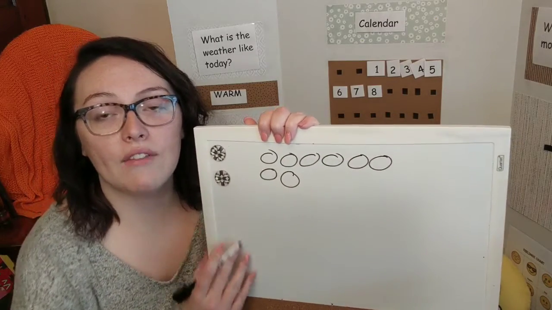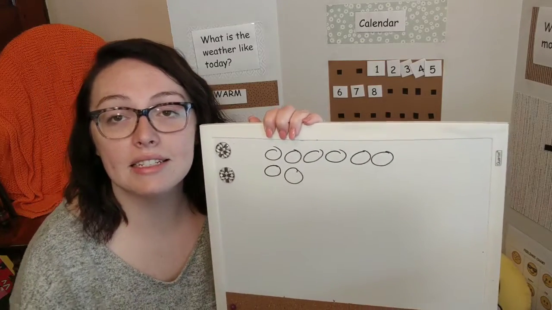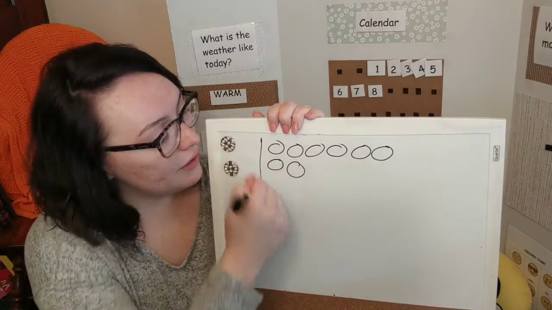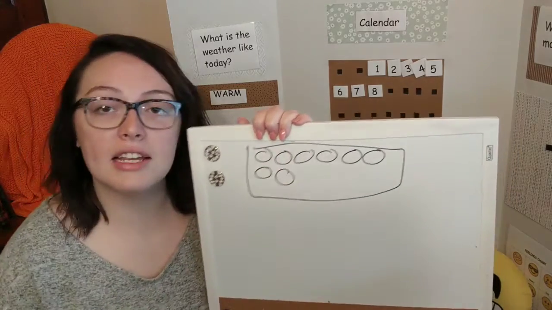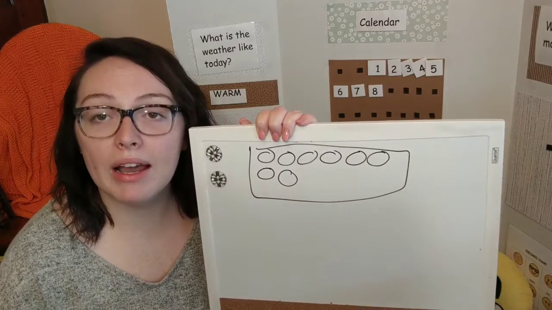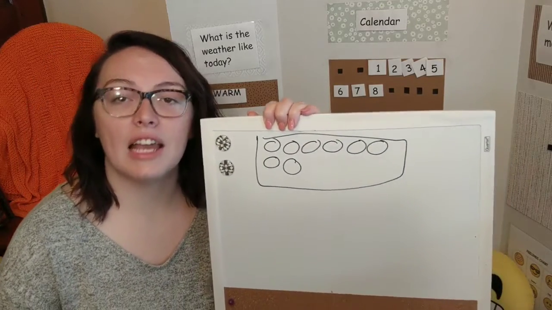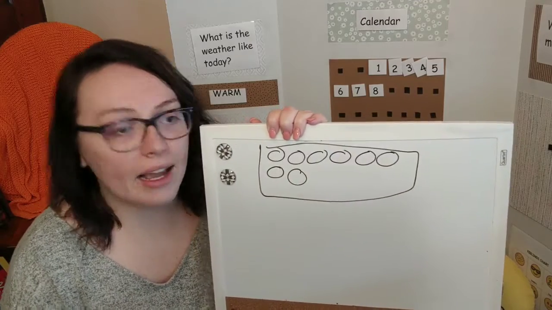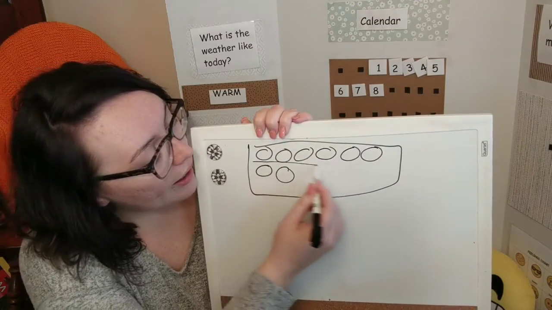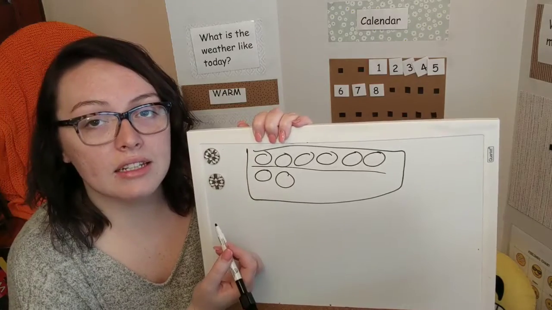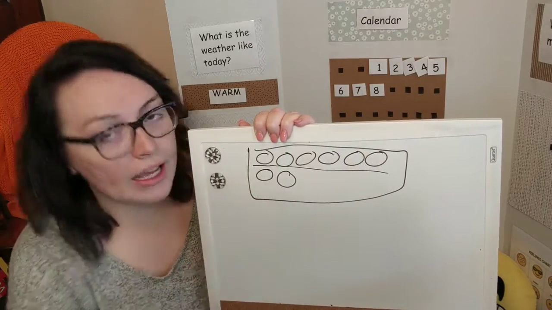So if I only have 8 eggs, that's less than a dozen because it doesn't completely fill up our dozens frame. But since we remember that half a dozen is 6 eggs, I could say I have half of a dozen and 2 eggs also.